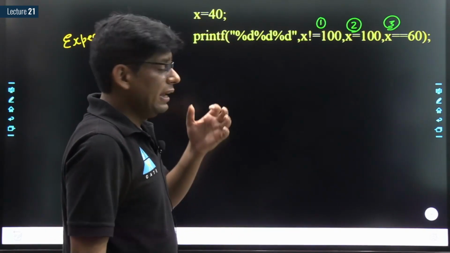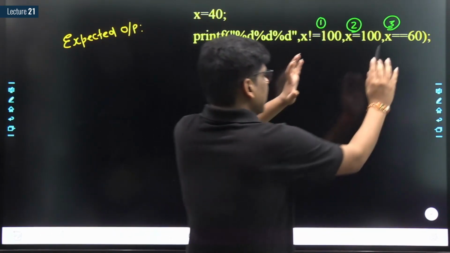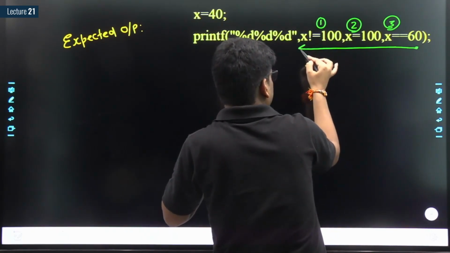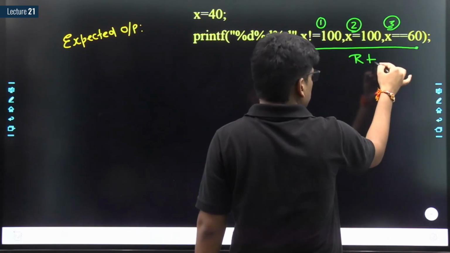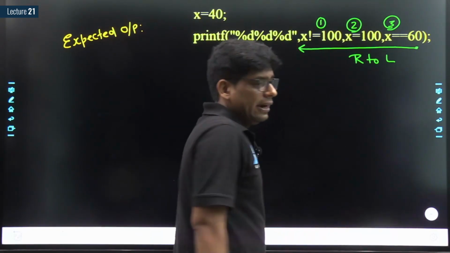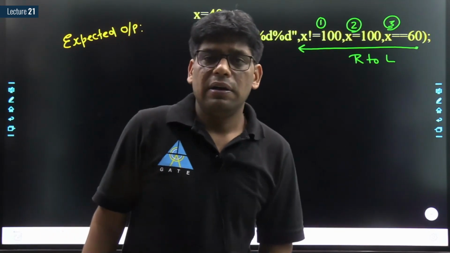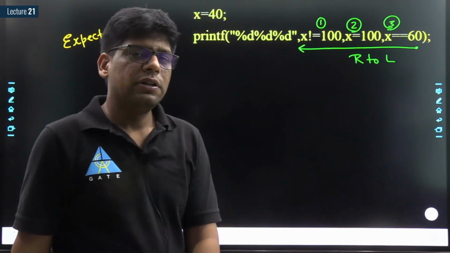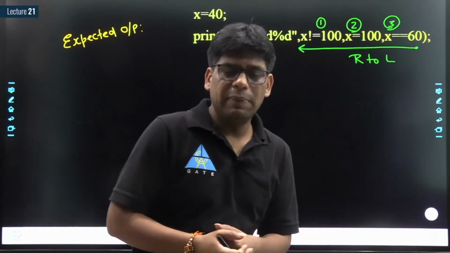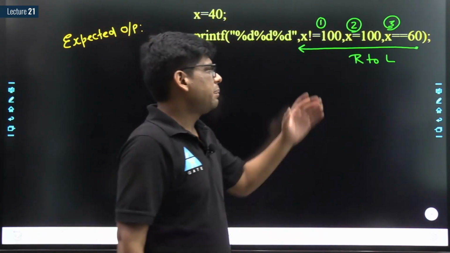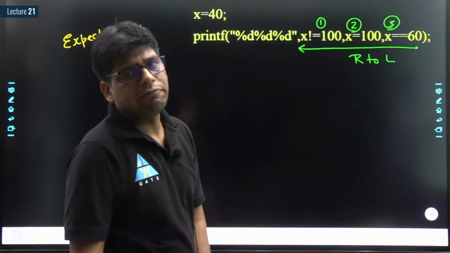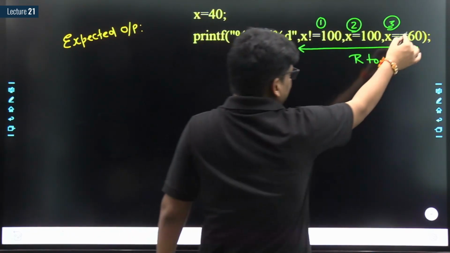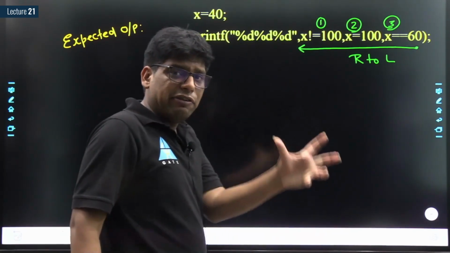Sir, printf evaluate the expression from right to left. Printf in most of the compiler, although this is not a standard, this is not always possible. This is not the case which happens always, but among most of the compiler, printf used to work from right to left. Okay. That means, sir, firstly, it will evaluate this expression and save its value.